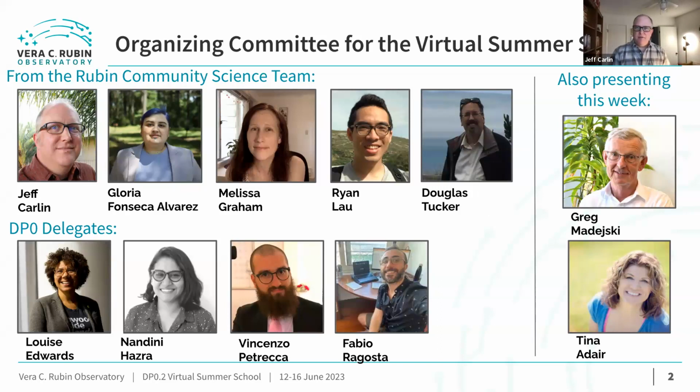And then we have 4 Data Preview 0 delegates who are also on the organizing committee. That's Louise, Nandini, Vincenzo, and Fabio. I know Louise couldn't make it this week, but I think I saw the other 3 here. So reach out to any of us with any questions you might have at any time. And also presenting this week, 2 other members of the Rubin community science team. You'll hear from Tina in just a little bit, and from Greg also a couple of times this week.